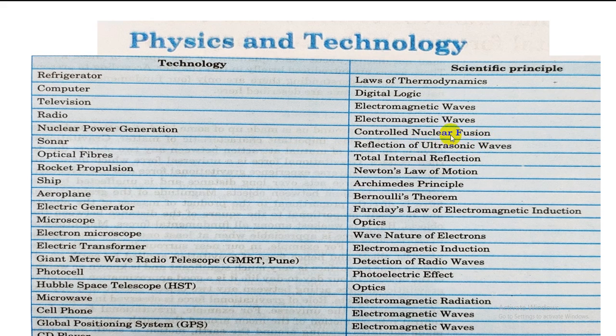Because of some reason it is written wrongly, you need to get it corrected. Then sonar, reflection of ultrasonic waves. So these are some of the examples. You can go through all of them, and you will see how our everyday life is linked with the principles of physics.